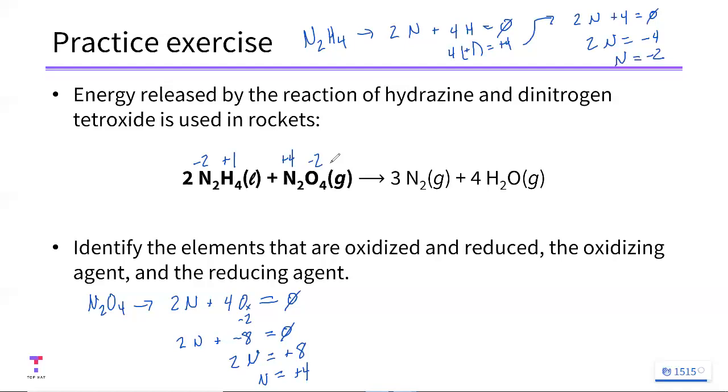Okay. Even if I'm getting tripped up by the fact that there's a 2 there, walk through the problem with yourself. I've got 2 nitrogens and it's a total charge of 0. Well, if I divide each side by 2, 0 divided by 2 is still 0.